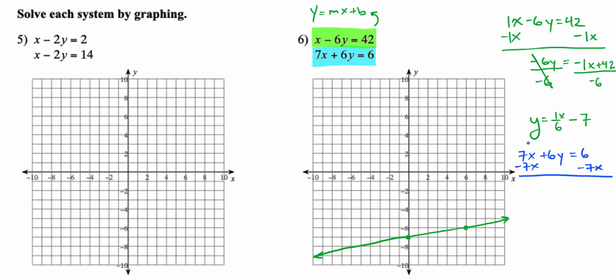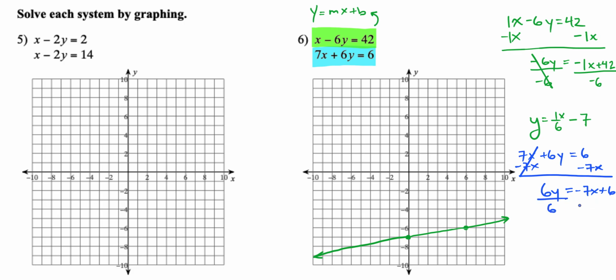And then I end up with, this cancels, 6y is equal to negative 7x plus 6, right? Because they're not like terms. So it doesn't become negative 1, right? I do not do 6 minus 7. I do 6 minus 7x, or negative 7x plus 6.